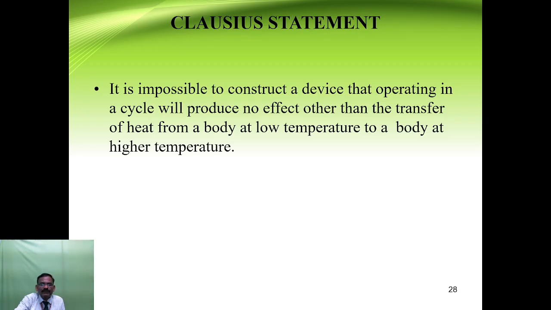The example for this statement is the refrigerator. In the refrigerator we give work input for transferring heat from lower to high temperature, that is, from inside the refrigerator cabin to the atmosphere. So this is the example for the Clausius statement.